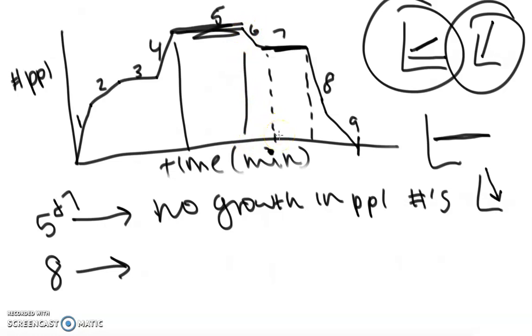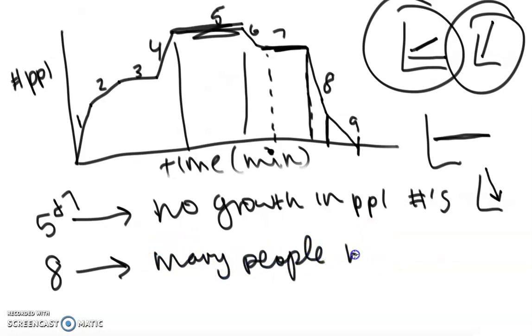So it's showing that within literally 30 seconds, the 8 dropped about half of its people. So that is what we're going to say. Many people left. And it says in this scenario, it's a hockey game, so many people left the arena, which is, I think, the purpose of it.